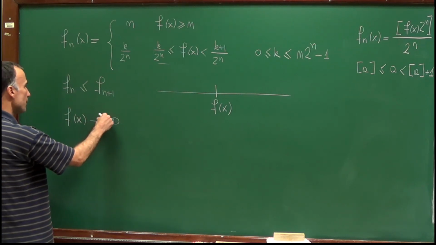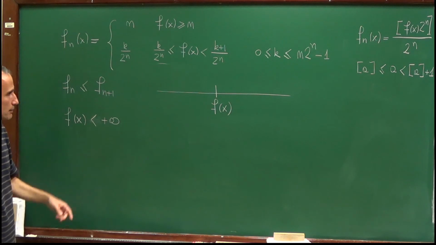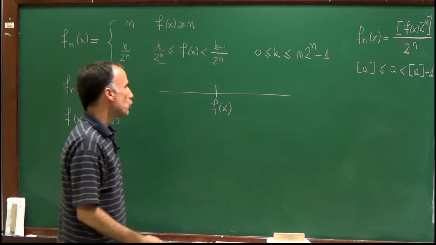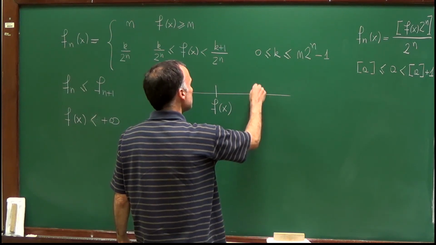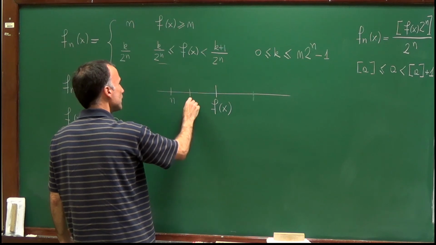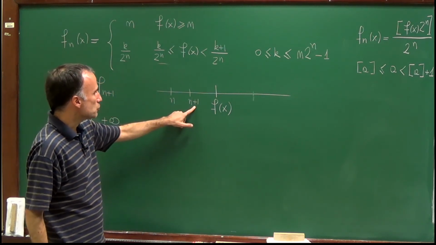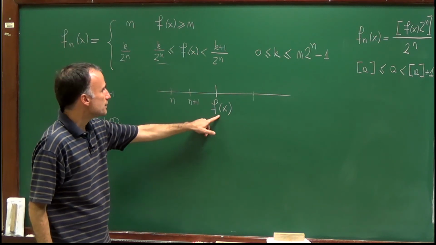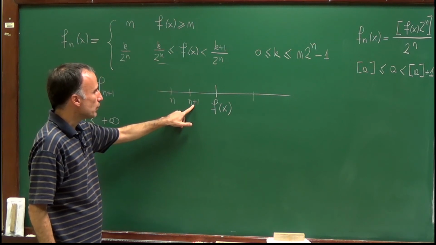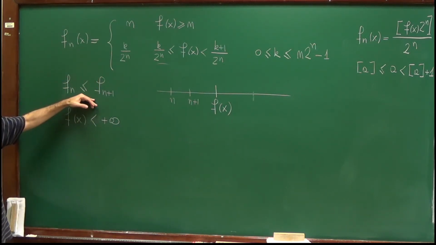So we can assume from now on that f(x) is finite. So here I draw f(x). So what may happen? Well, maybe f(x) is larger than n plus 1. In this case, fn will be equal to n, and fn plus 1 will be equal to n plus 1, and this inequality is satisfied.